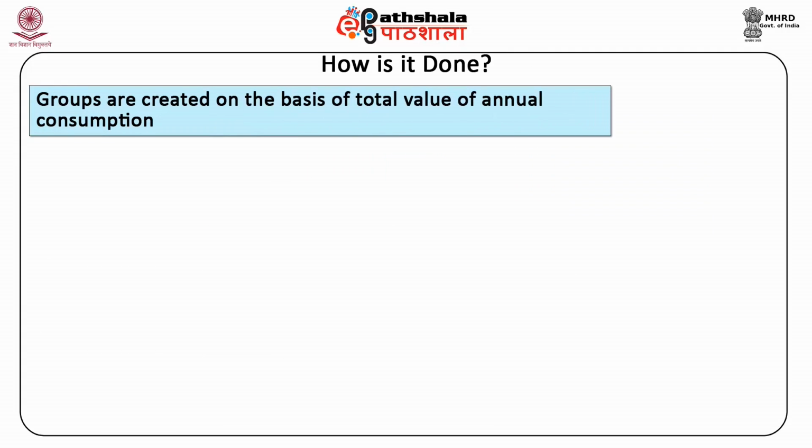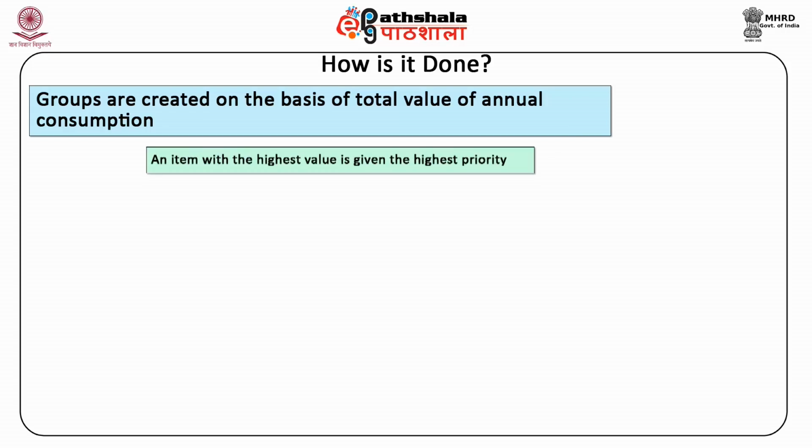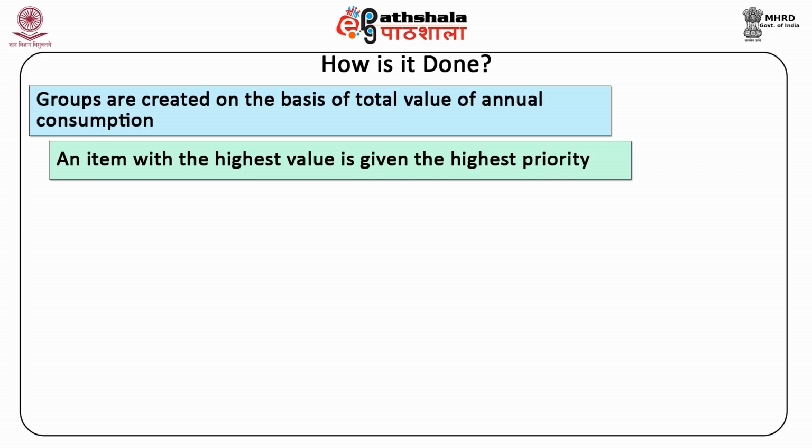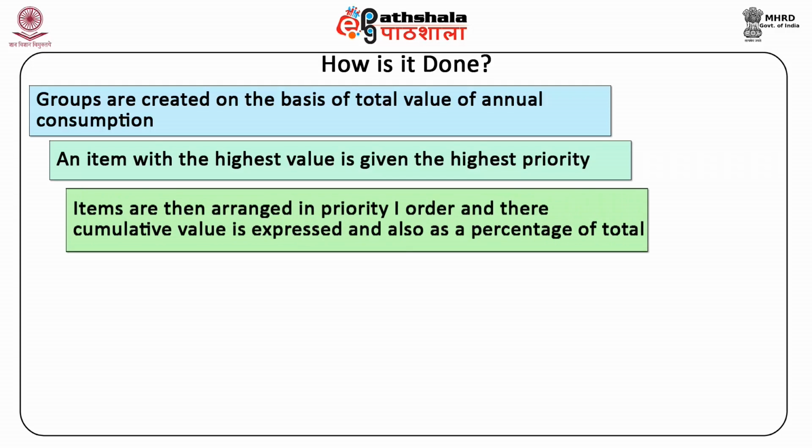These groups are created on the basis of total value of annual consumption. An item with the highest value is given the highest priority. These items are then arranged in descending order of cumulative value. Cumulative value is also expressed as a percentage of total.